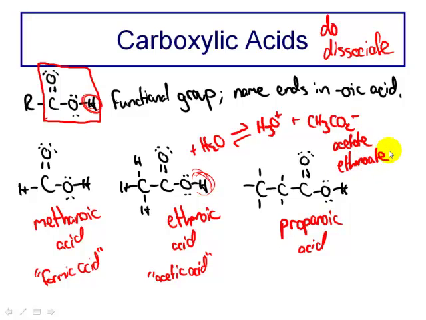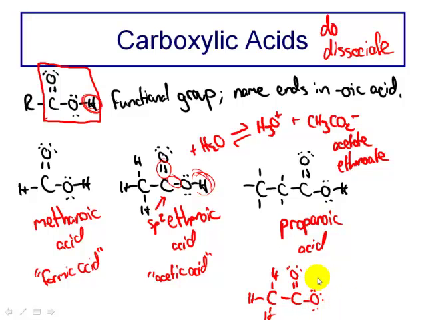Now, something that's kind of interesting here is if you take a look at that carbon, that baby there is sp2 hybridized. If you look in this structure at this bond and this bond, they're definitely different. This is a double bond, this is a single bond. If you look at the structure of the acetate ion, though, here we get carbon, hydrogen, hydrogen, hydrogen, and then carbon, double bond, oxygen, and then single bond oxygen, like that.